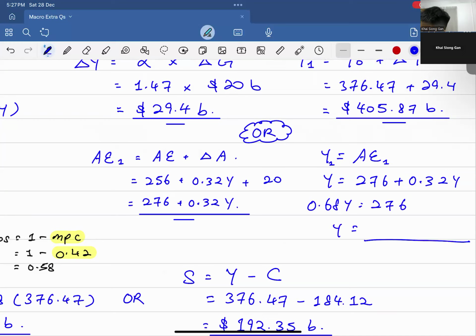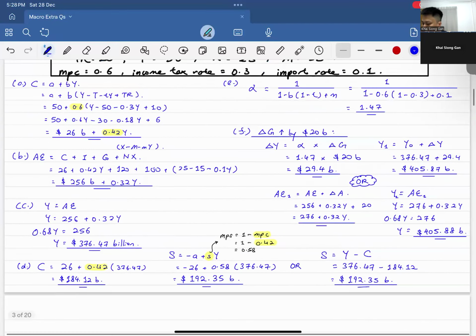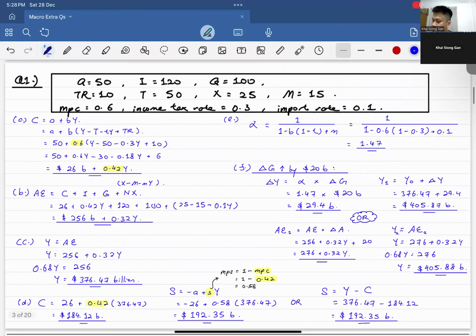So y equals 276 divided by 0.68, which is 405.88. Same answer, just one decimal point different. So that is the answer for the first question. Very easy, I just want to test your calculations.